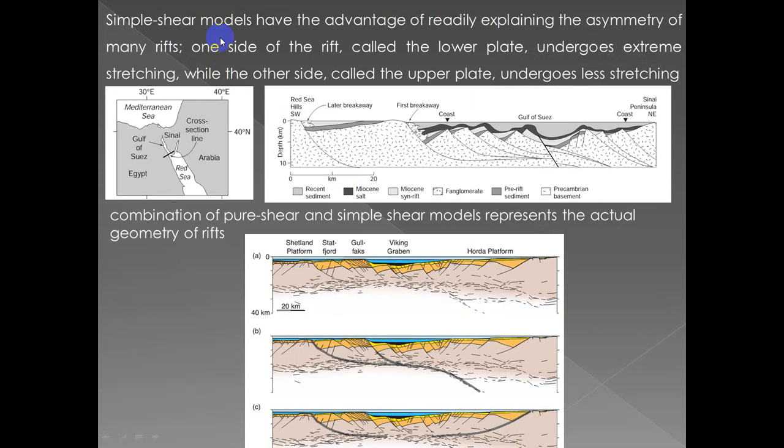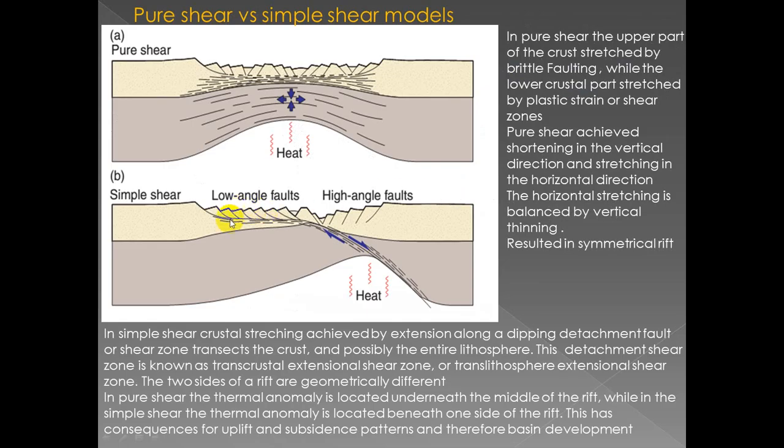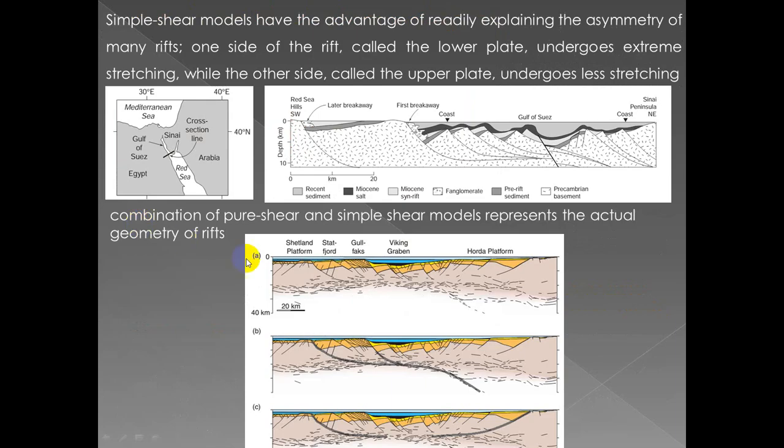One side of the rift is called the lower plate and undergoes extension and stretching, while the other side, called the upper plate, undergoes less stretching. So this is the case of most rifts in the world. We have asymmetrical rifts.